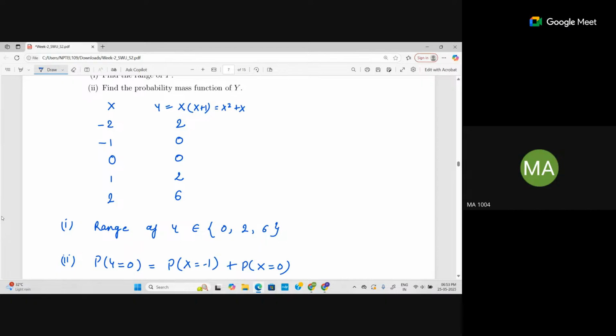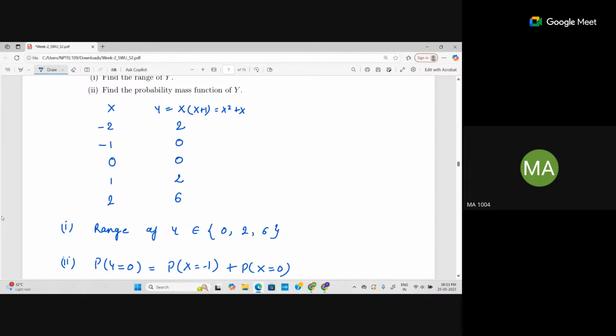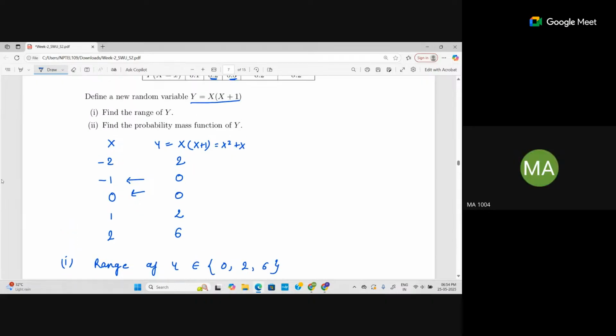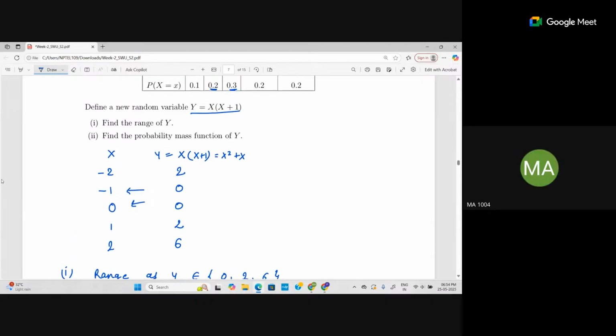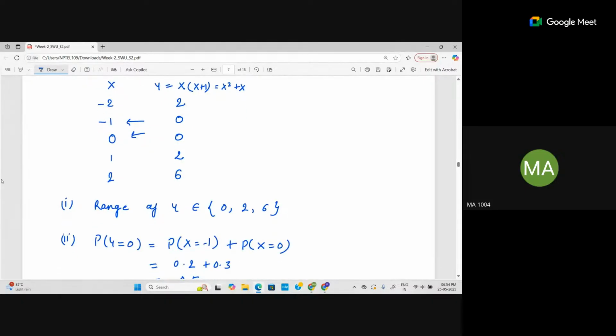So you simply have to add the probabilities for different cases, because in these two cases y is taking value 0. So you have to add all those cases when y is becoming 0. And already we know the PMF of x, so we can simply find the probabilities of x.